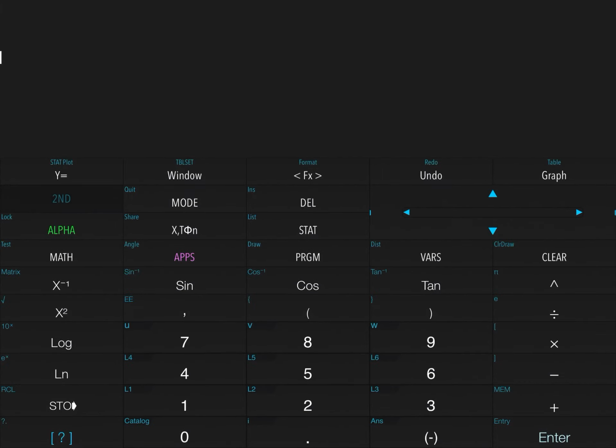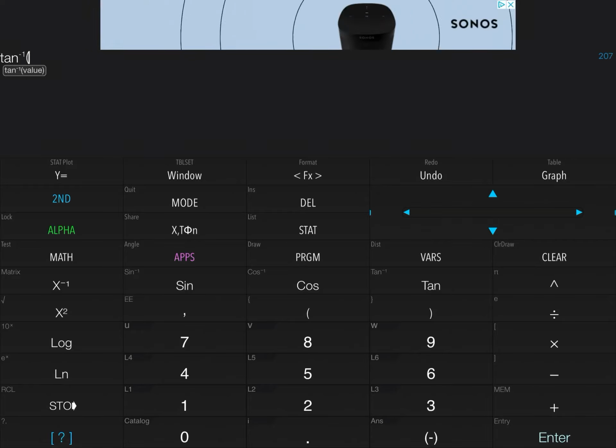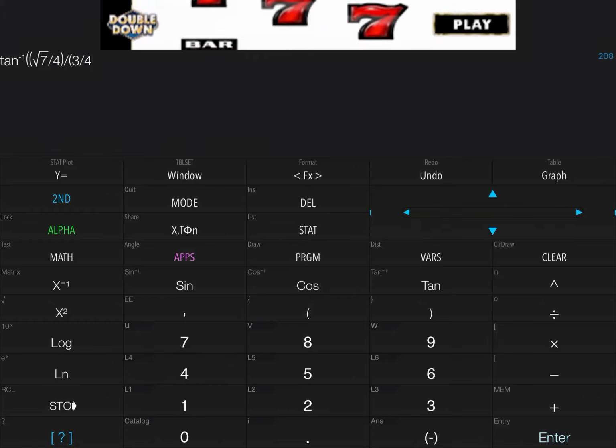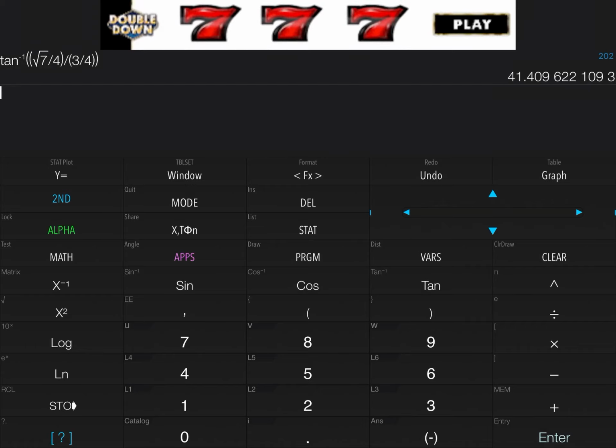That is the arctan of, I need fractions, so I'm going to be very careful about what I enter here. Radical 7 divided by 4, closing the parenthesis, divided by another fraction, 3 divided by 4, and another parenthesis to close the tan function.